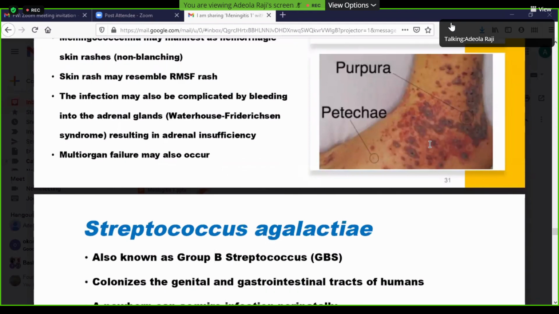That is what happens with Rocky Mountain spotted fever in the early stages. The rashes, when you press down on them, will blanch out. However, with Neisseria meningitidis, it doesn't occur at all. So we say they are non-blanching skin rashes. Clear?